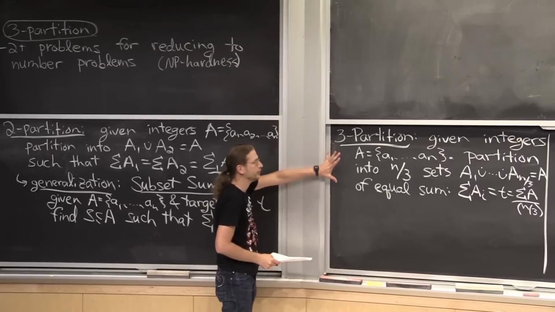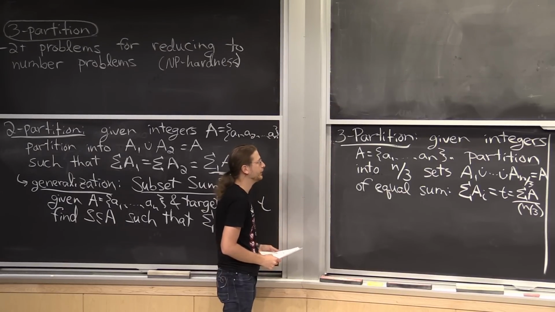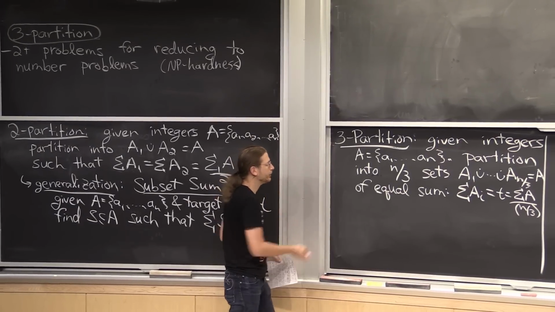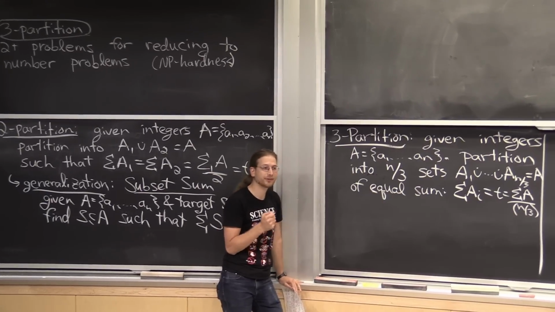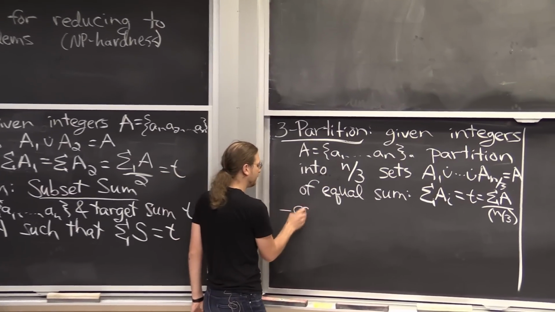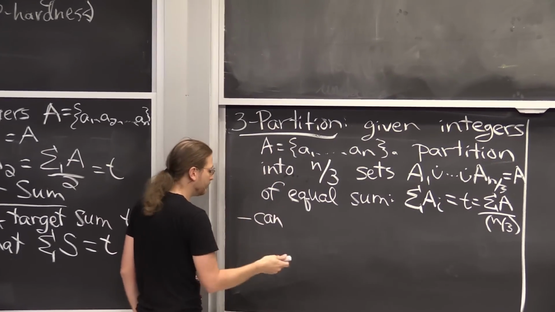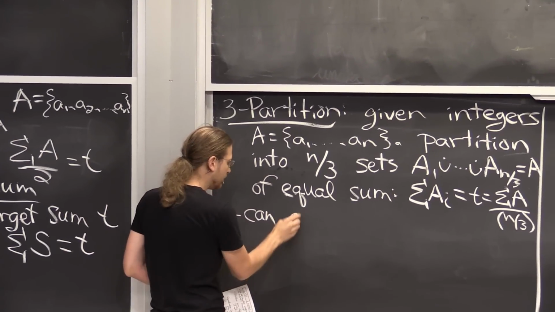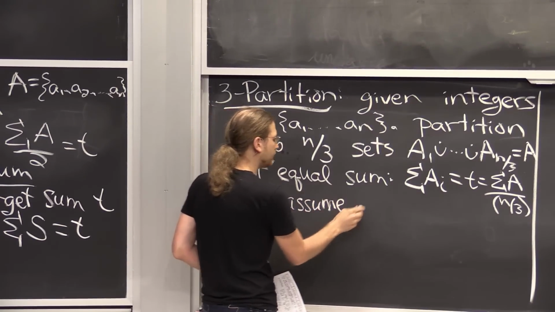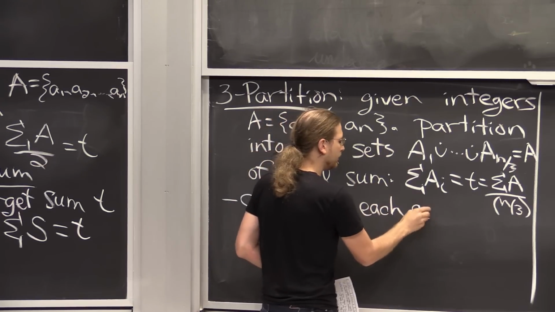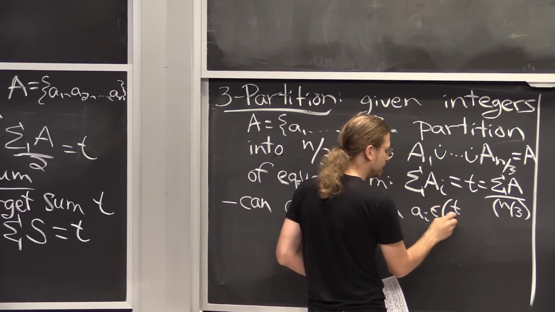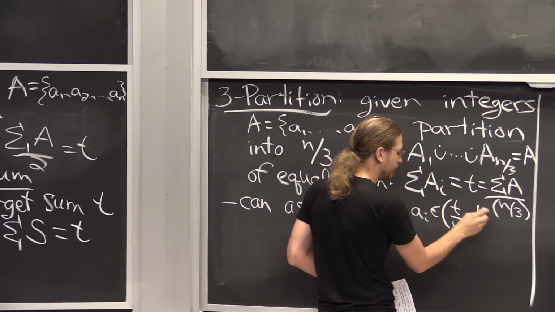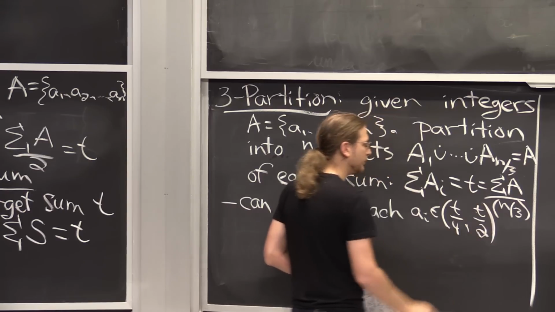But first, let me tell you some fun facts about 3-partition. So we're partitioning into n over 3 sets, so you would expect, on average, most of the sets will have size 3. In fact, you can make all of the sets have size exactly 3, because if you look at the reduction for this problem, you can assume that each a_i is strictly between t over 4 and t over 2.